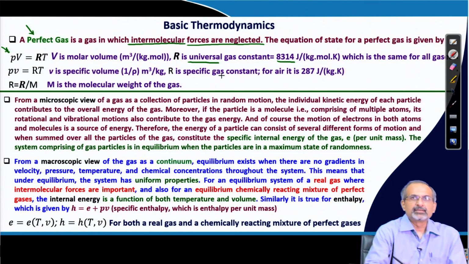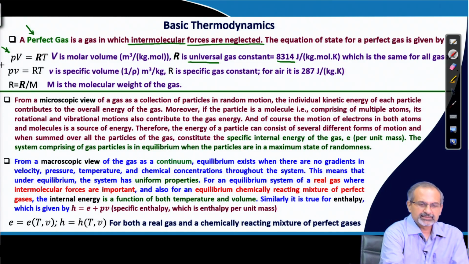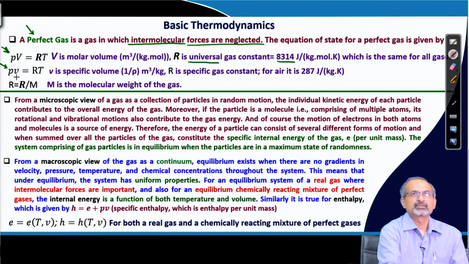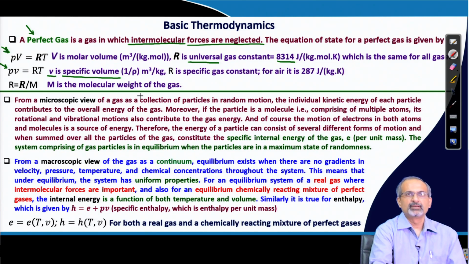You can write the equation of state for a perfect gas in an alternative manner, like we have shown in the next line. P times small v is equal to unbold capital R into T, where the small v stands for specific volume, which is also representable in terms of density.